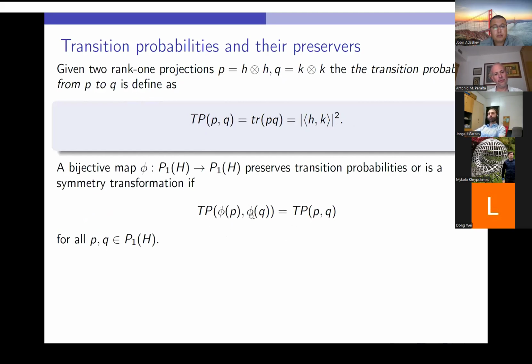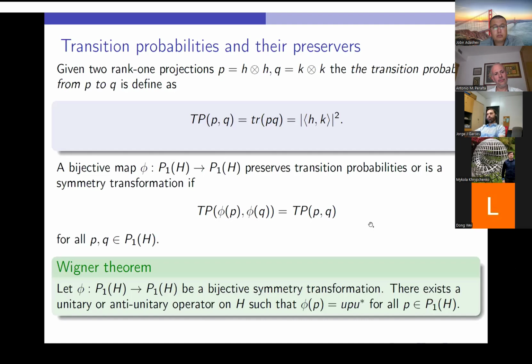Okay, so Wigner's theorem says that a bijective mapping that preserves transition probabilities can be obtained in this way. Okay, this is a very crucial result.